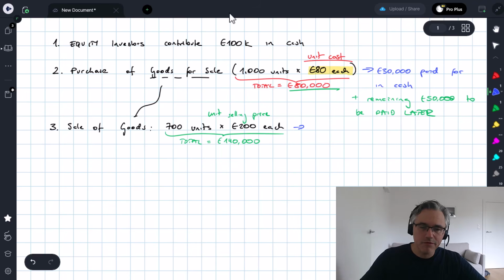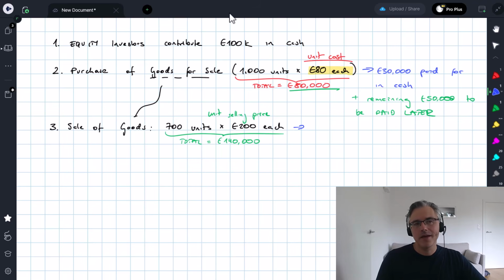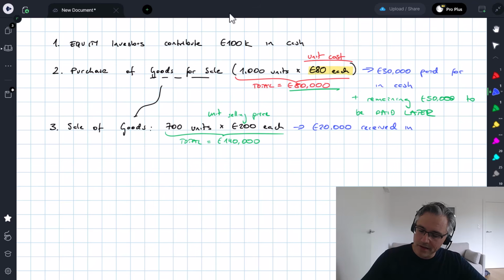But, just like before, I'm going to play around with these figures and assume that our clients this time do not pay us entirely in cash. From this amount, we immediately receive only 20,000 as a cash inflow, received in the form of cash.